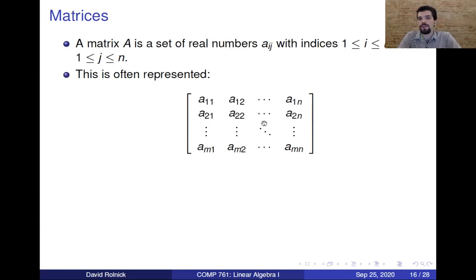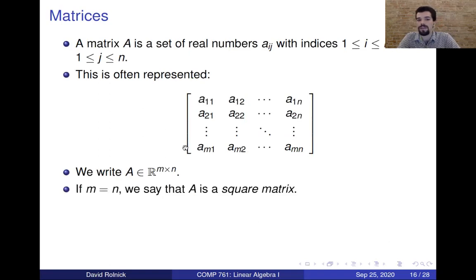These are the rows of the matrix, and these are the columns of the matrix. So this is a matrix with m different rows and n different columns. This is often written as A is in R to the m cross n. That's the way to say the space of real matrices of dimensions m and n. If m is equal to n, we say that A is a square matrix.